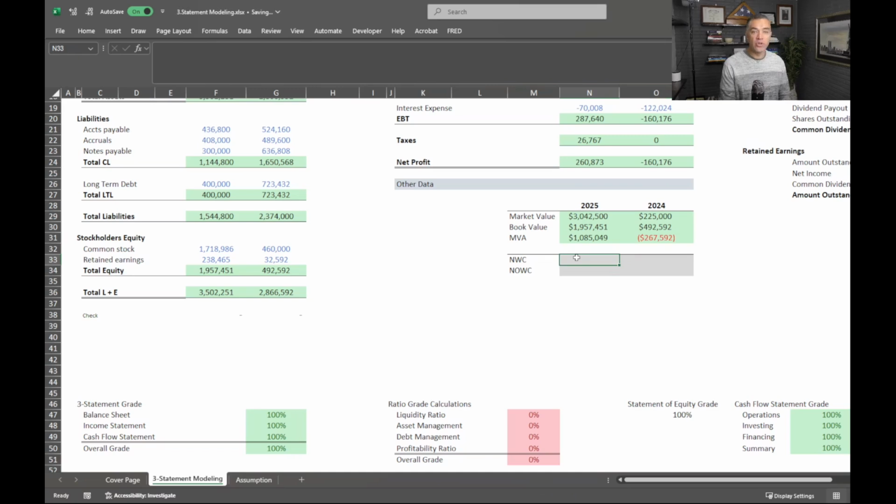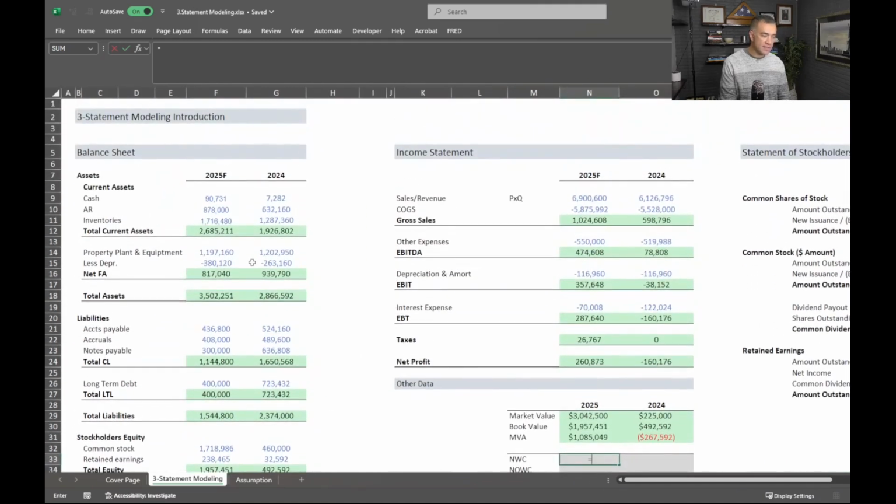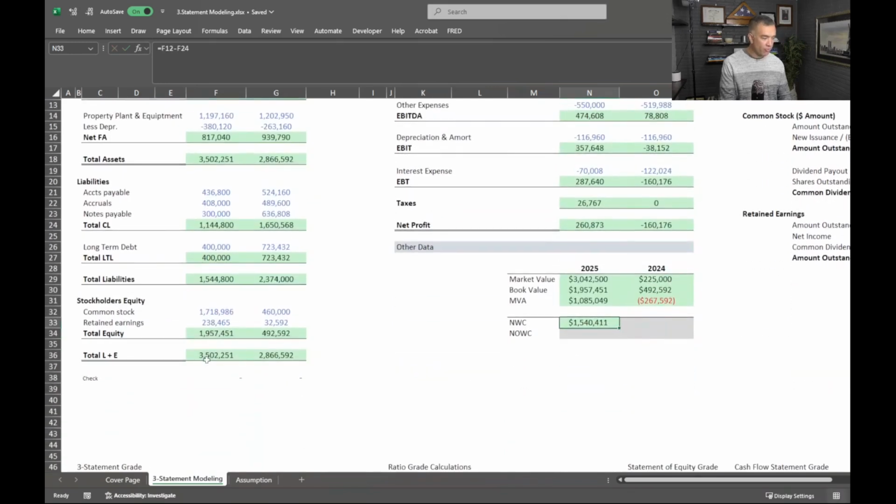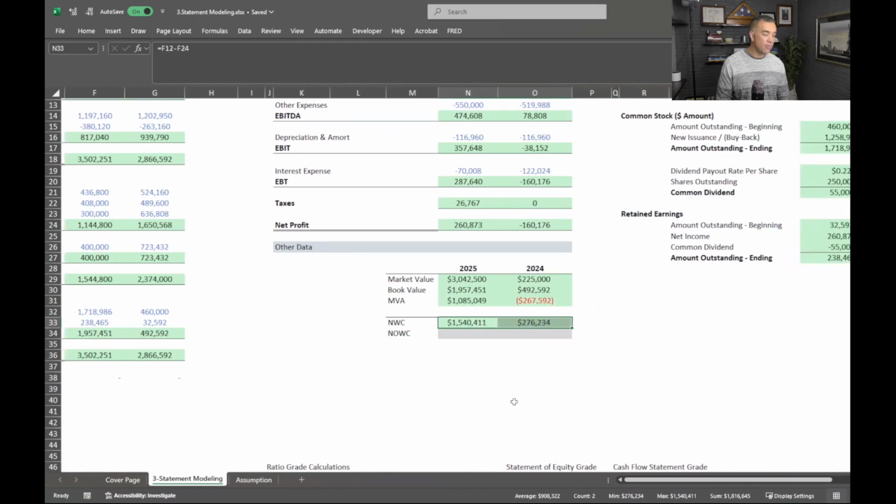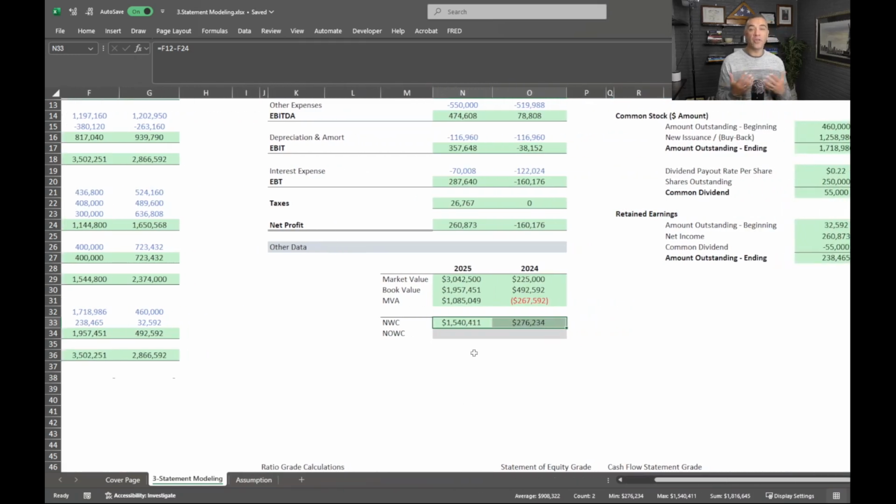Okay, next we want to solve for the net working capital. These are just some equations here. Net working capital is our total current assets minus our total current liabilities. Why is that value very important? Because that number tells you how healthy the business is.